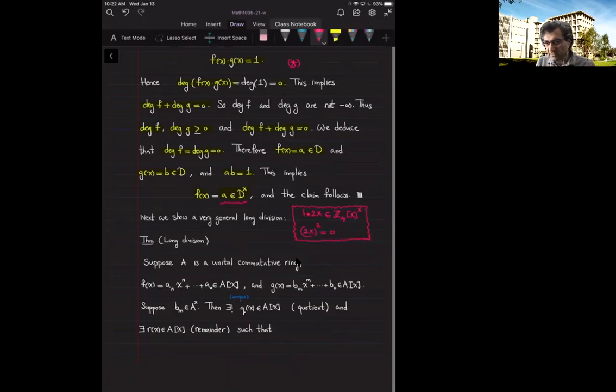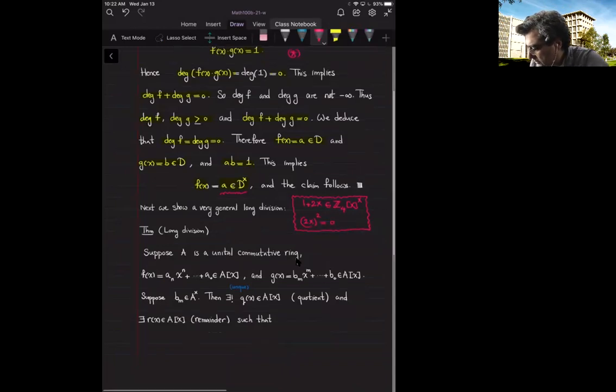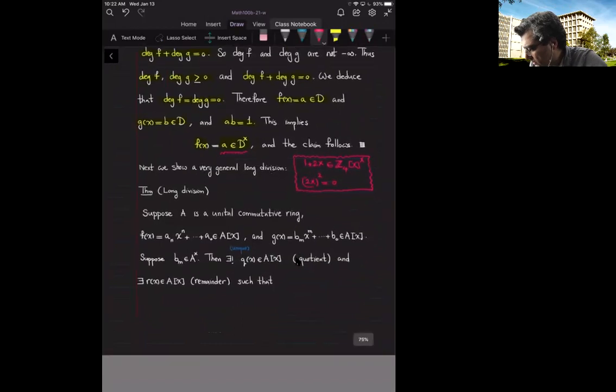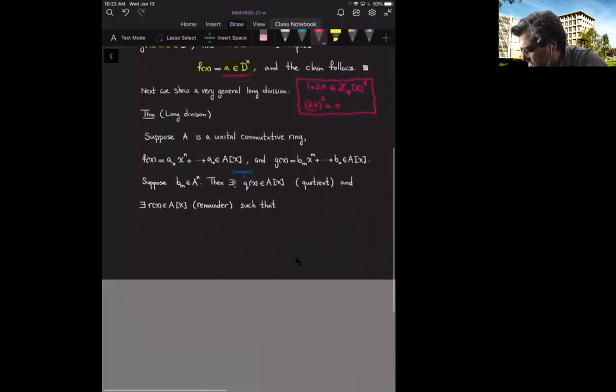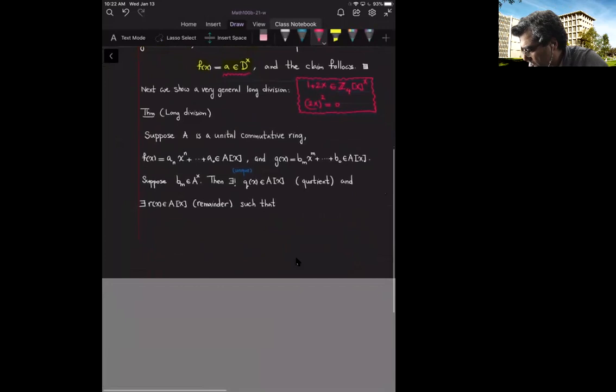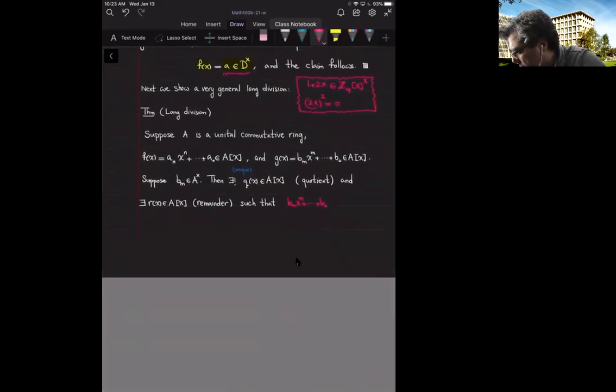Let's remind ourselves how the process works. So the process was like this. We have this g, we write it over here. And then we divide it by f.